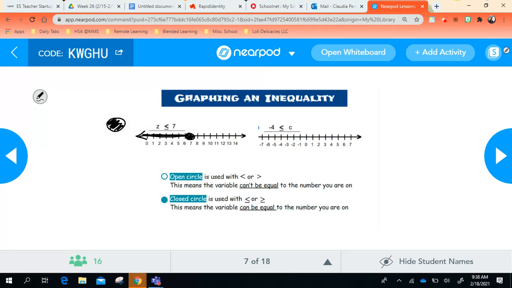Now let's try the other one. So when we look at negative numbers, that's a little bit more difficult. So you know how when we have whole numbers, you know that 6 is smaller than 7.